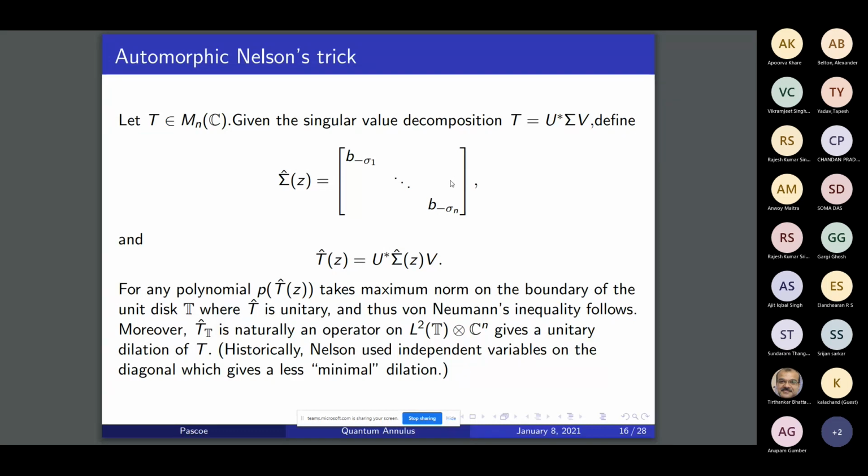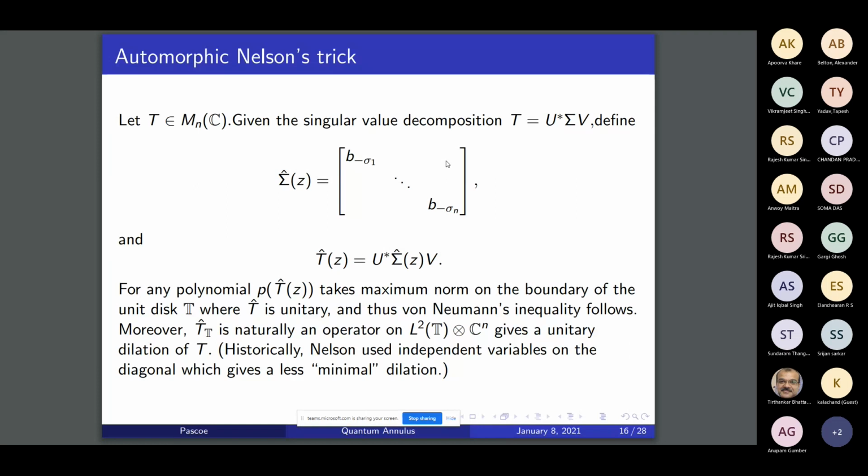I don't think that Nelson or any of the follow-ups have ever really observed that this technique can be used to give not only this von Neumann inequality, which is what it was originally adapted to do, but also unitary dilations in a very natural way on very natural spaces.